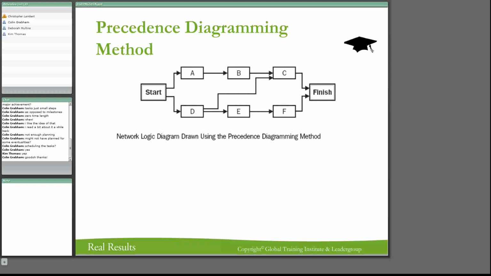The reason why I want to talk about precedence diagramming this way is because this has to be a team effort, right? If we try and do these things on our own, we're going to get into a lot of trouble, because one of the tools that we would use here is, in fact, the subject matter expert.